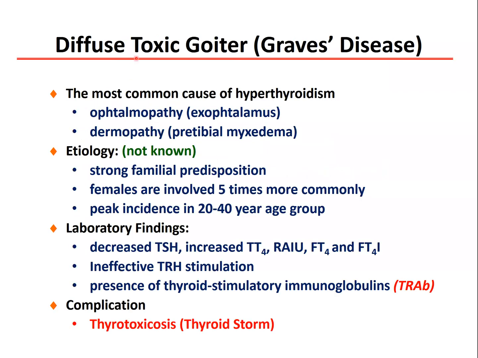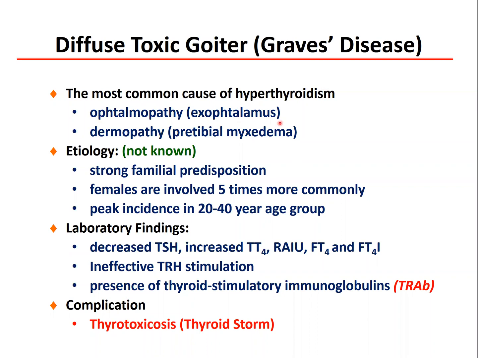Now let's talk first about diffuse goiter, or Graves' disease. It is the most common cause of hyperthyroidism. Because it is an autoimmune disorder, we have an antibody against the thyroid receptors, as listed here, TRAb. These antibodies can go to the retro-orbital area and cause an inflammatory process and enlargement of the connective tissue, pushing the eyeball out of the socket.